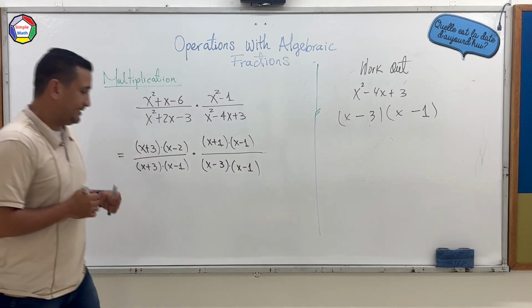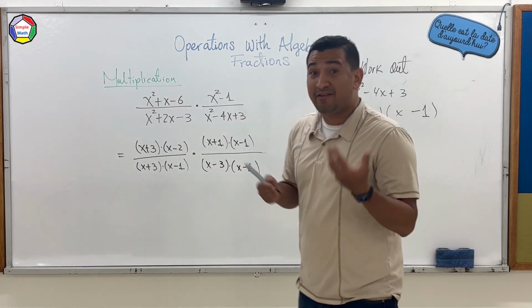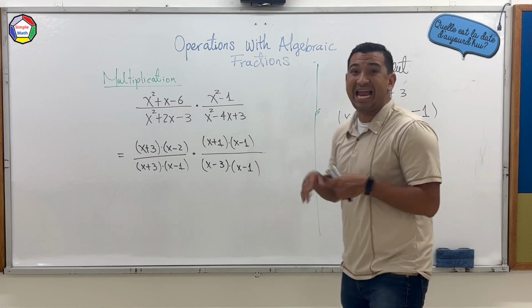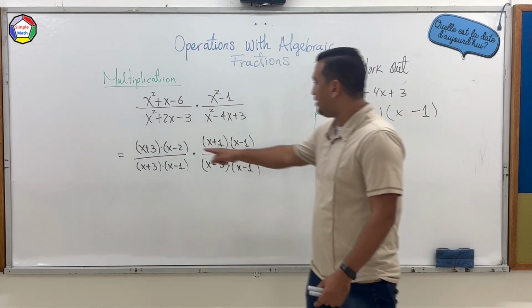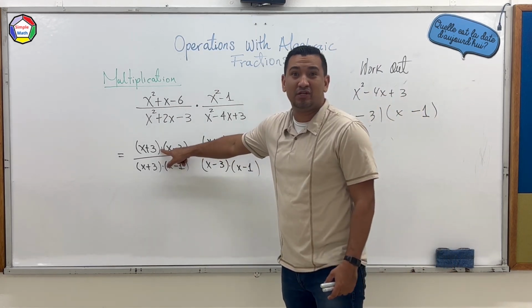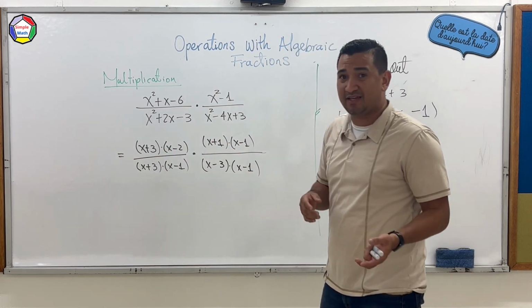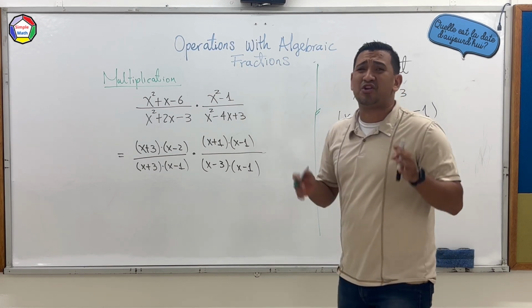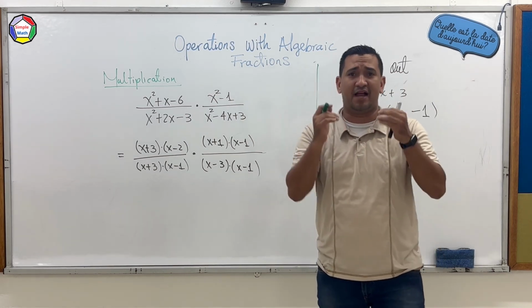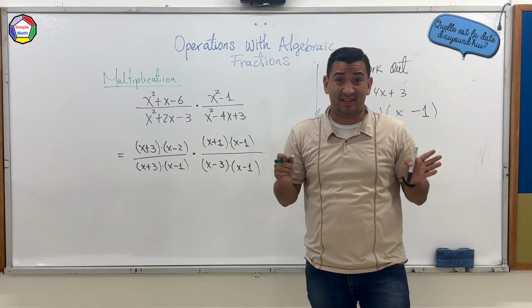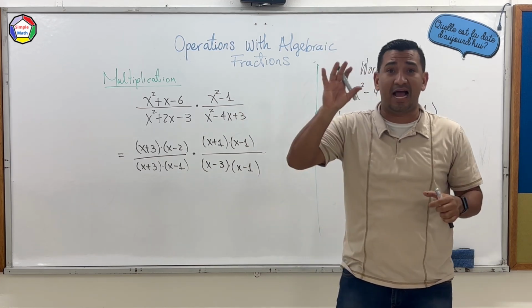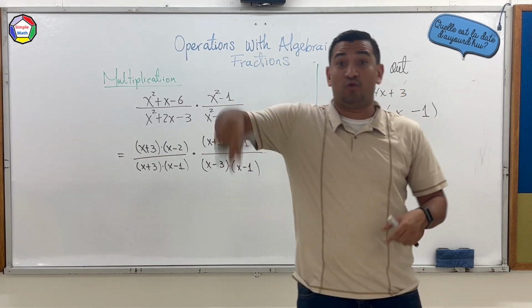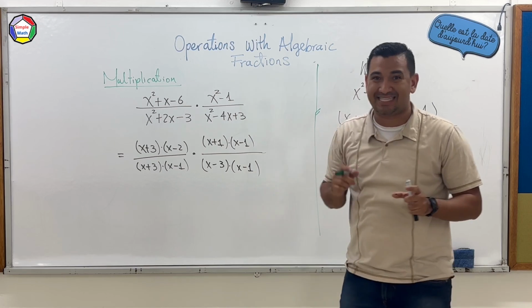If you see, guys, once I factorize each part of each fraction, now we can simplify. Why? Because the main operation here is a multiplication, so now I can cancel things. It does not matter if the things are in the same fraction or in different fractions. We can cancel one thing up and one thing down, in other words one parenthesis up and one parenthesis down.